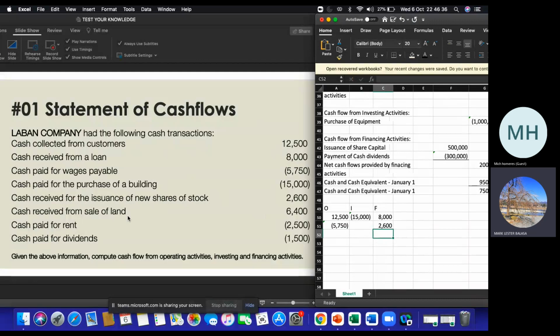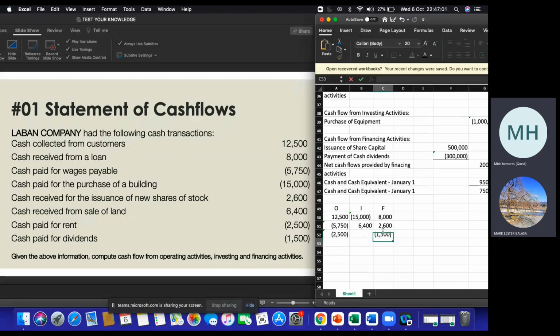You have cash received from the sale of land. That's investing, 6.4. Cash paid for rent is an operating activity, therefore we subtract 2.5. You also have cash paid for dividends. We subtract 1.5 as well.